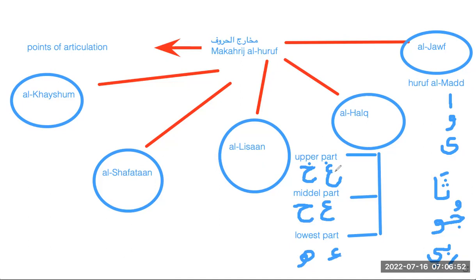So the upper part has Ghain and Kha. In the middle part, we have Ain and Ha. And in the lowest part, we have Hamza and Ha. Have you saved it? Anyway, if you don't save it, I have saved it already.